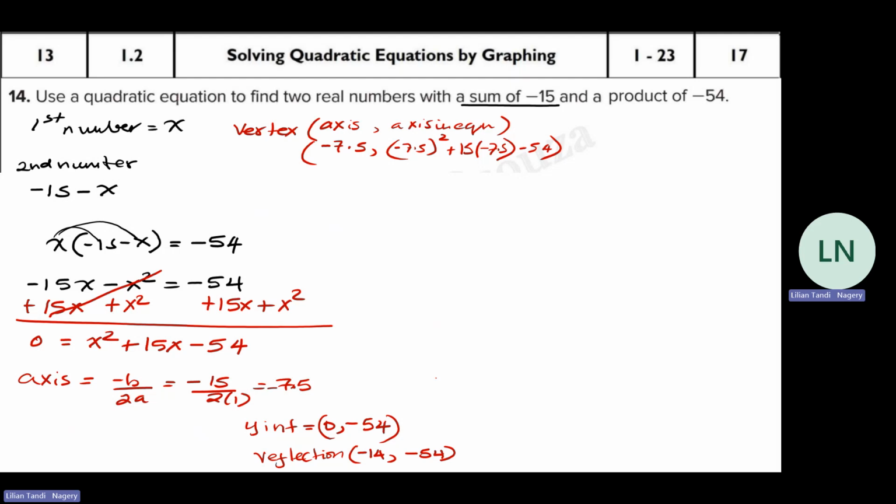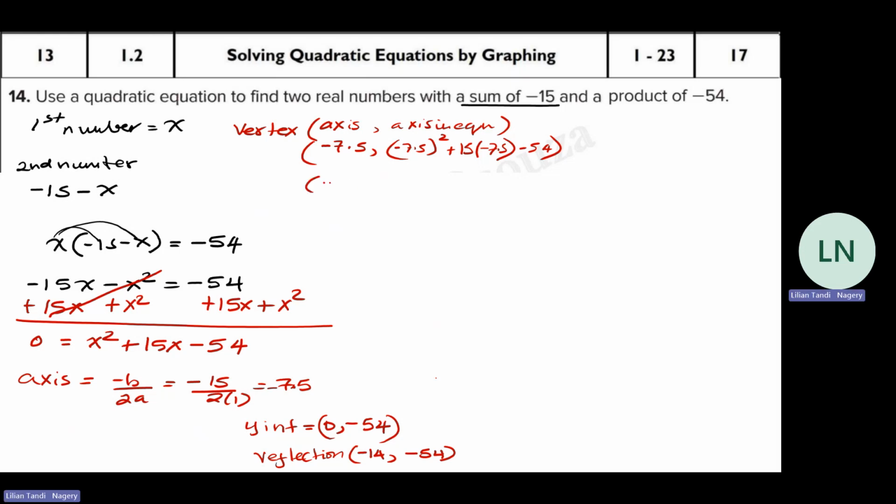Bracket negative 7.5 close bracket squared plus 15 bracket negative 7.5 close bracket minus 54. That gives me negative 110.25.